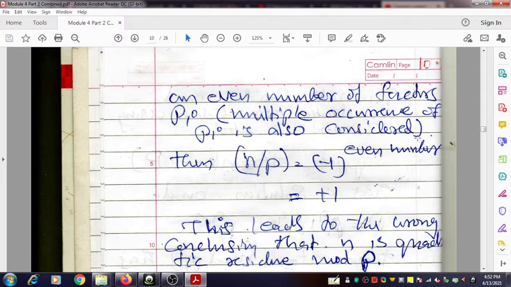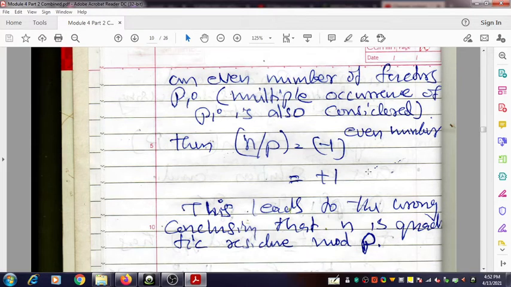So this kind of misleading step will lead to wrong ideas in some cases.